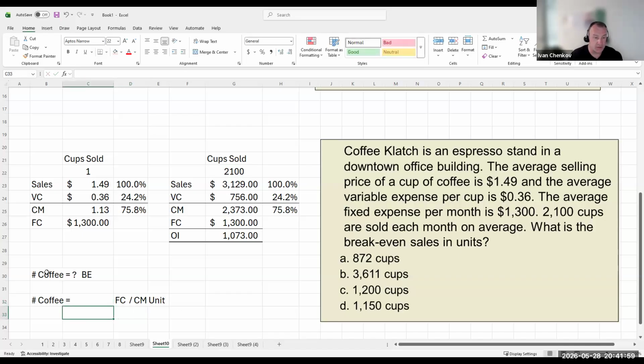We know the fixed cost, we know the contribution margin per unit, so the number of coffees should be equal to 1,300 divided by 1.13. So once we sell 1,150 cups of coffee, we should be at break-even.